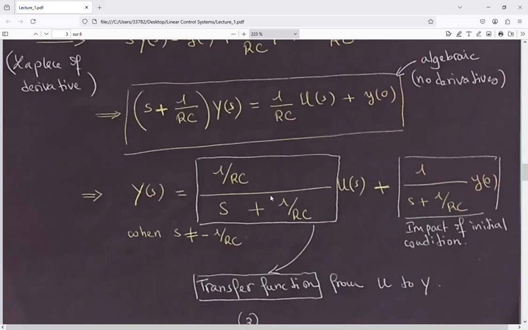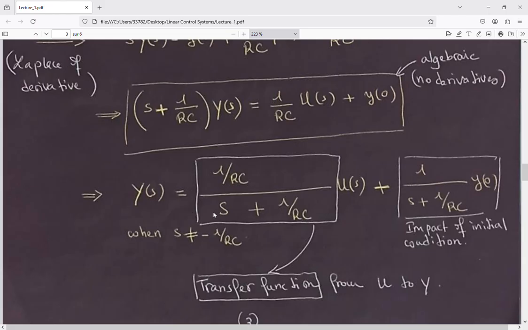So this is the link between my input big U and my output big Y. You have this first term plus a term that depends on the initial condition, so plus the impact of the initial condition. And this is the idea: we had a differential equation, we apply the Laplace transform, and then we get something that is algebraic in the variables big U and big Y.